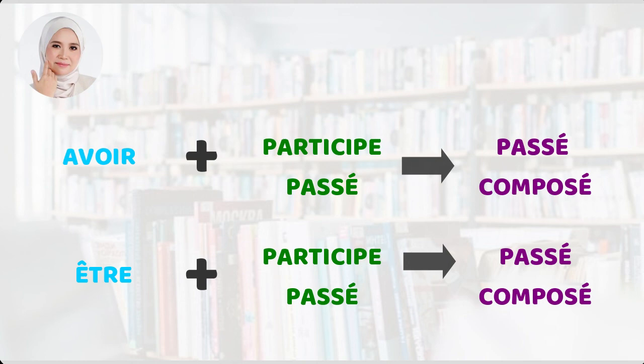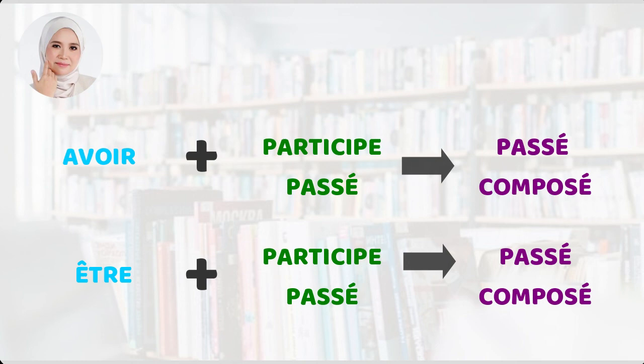I hope you are able to get the main idea of part 2 of passé composé. Few points need to be taken care of. One is, which passé composé verbs are formed with auxiliary avoir? Second, which passé composé verbs are constructed with auxiliary être?